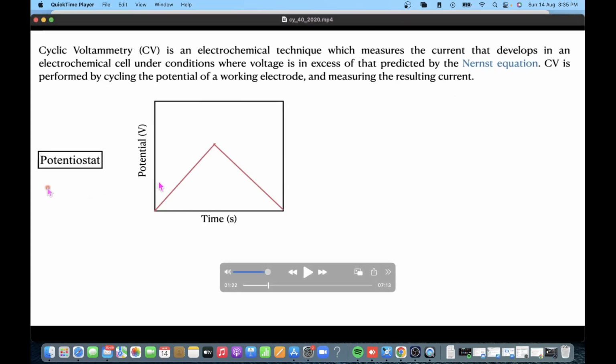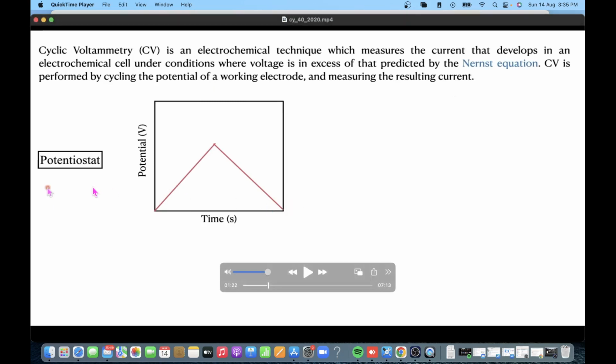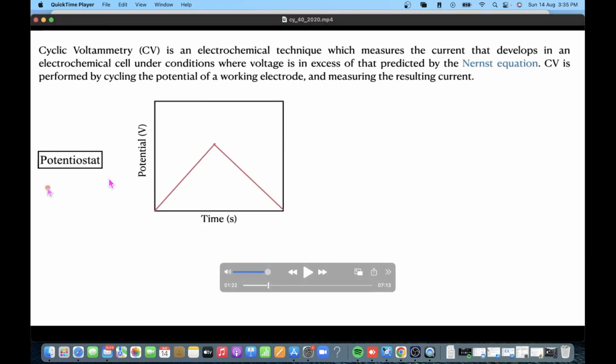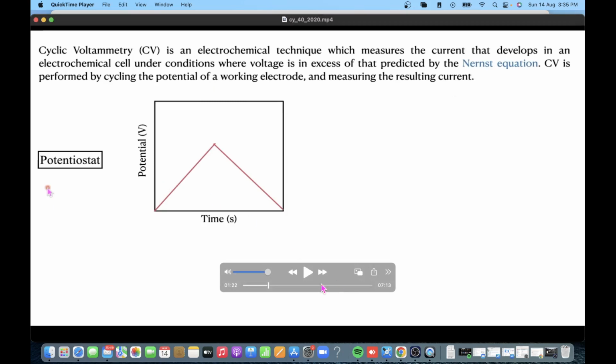In cyclic voltammetry we have 3 electrodes, so it is a multi-electrode system: one working electrode, one counter electrode, and one reference electrode. So the potentiostat is designed to control the working electrode's potential.